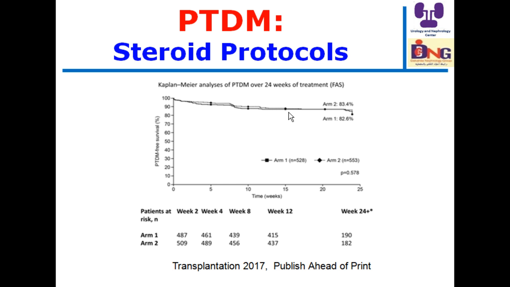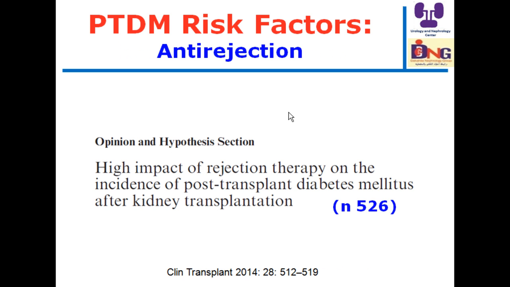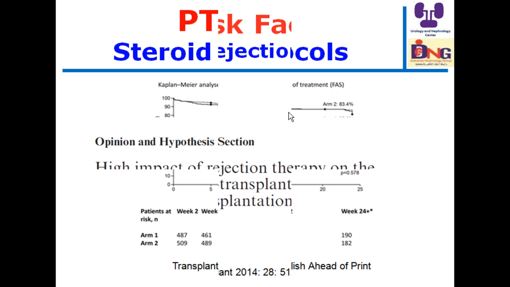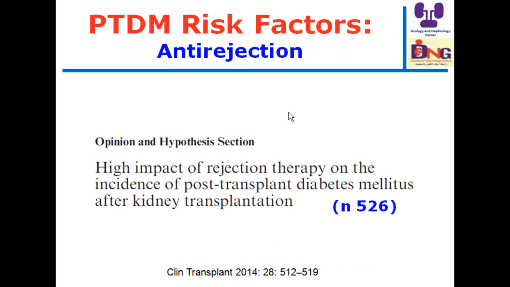However, I am stressing the rationale of avoiding withdrawal of steroid in patients with high immunological risk. So we should weigh the risk and benefits to select the best protocol for our patients. Again, here this is the impact of rejection. Acute rejection is usually treated with pulse steroids.